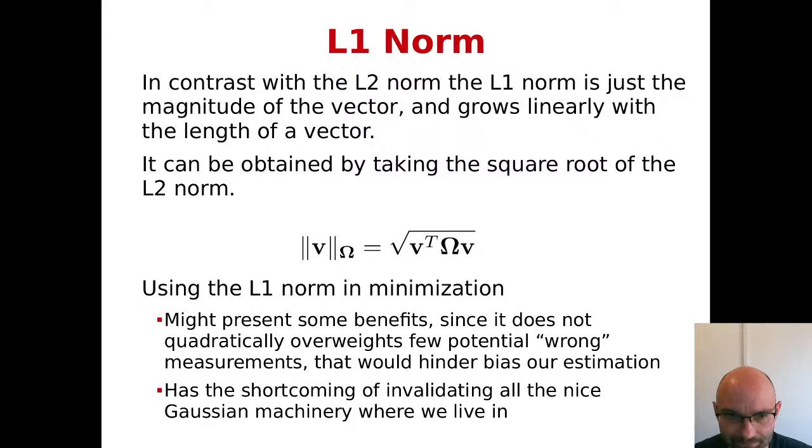This is the question. Well, first we have to see what is the bad thing of having an L2 norm there. Well, the L2 norm grows quadratically with the length of the error, right?